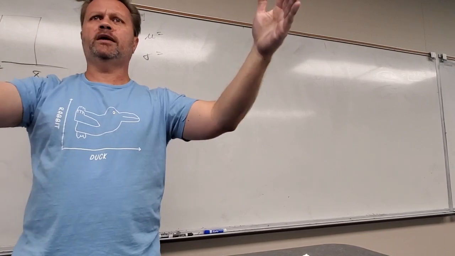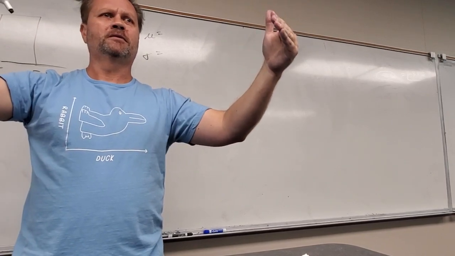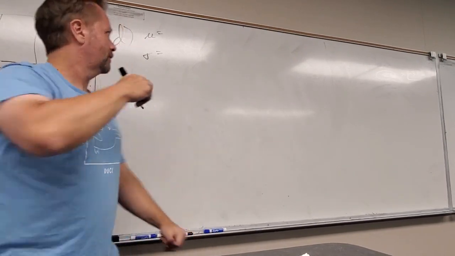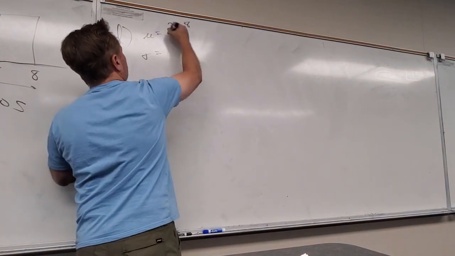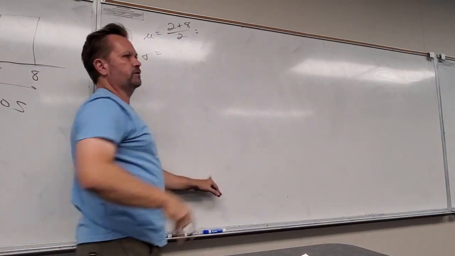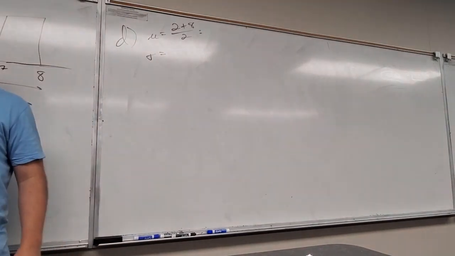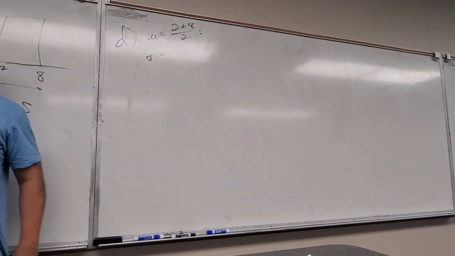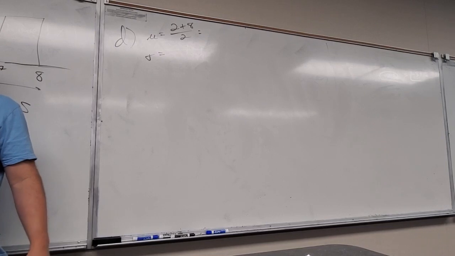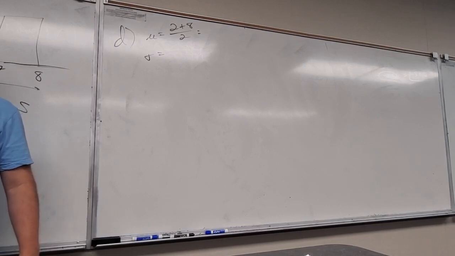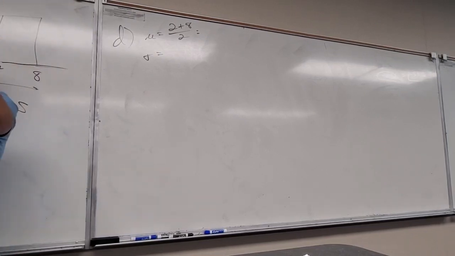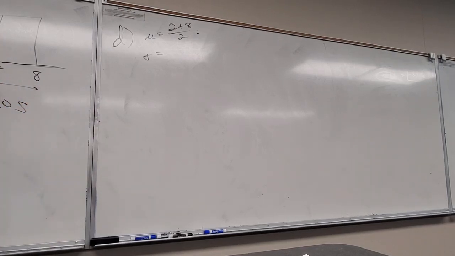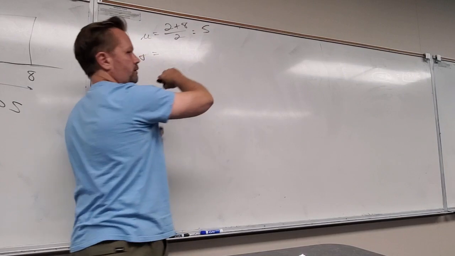What's in the middle of 2 and 8? 5. Okay. So the middle of any two numbers is the average of the two numbers, right? I just add them, divide by 2. Or, they're 6 apart, half of that is 3, 3 up from 2 is the middle, 5. So there are a few different ways to get it. So this will be 5.